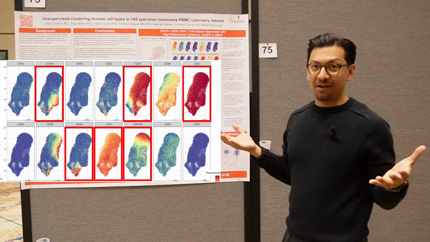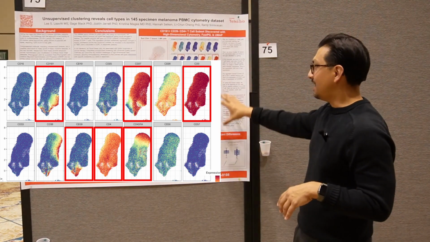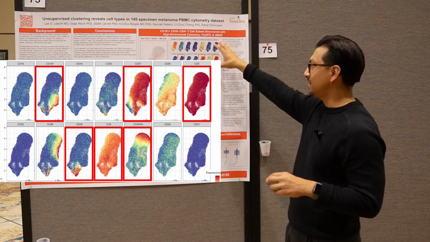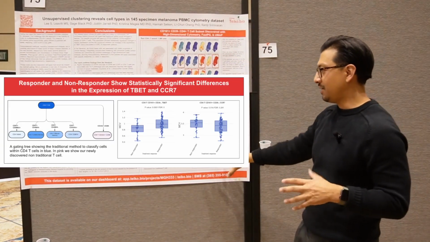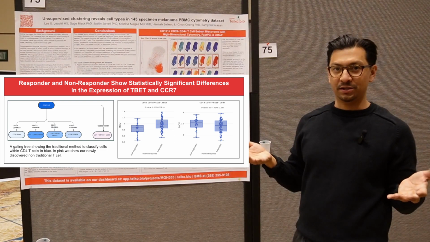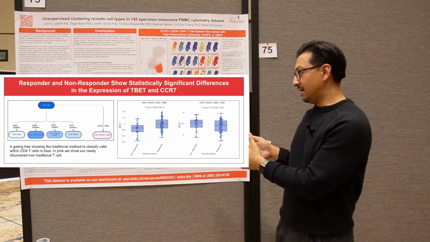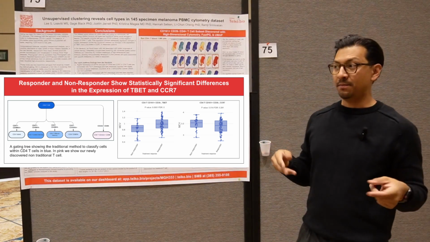But does it have any biological relevance? It's like, great, you found it, what could that mean? So what we did then is we took that cell type and looked to see, if we compare the responders and non-responders based off of the frequency of that population, or on the expression levels of these different markers within there, is there anything statistically significantly different between them?